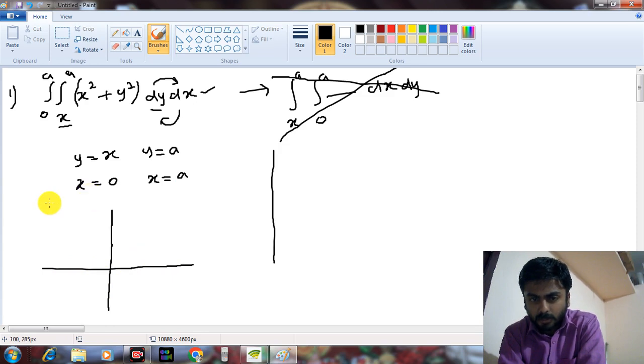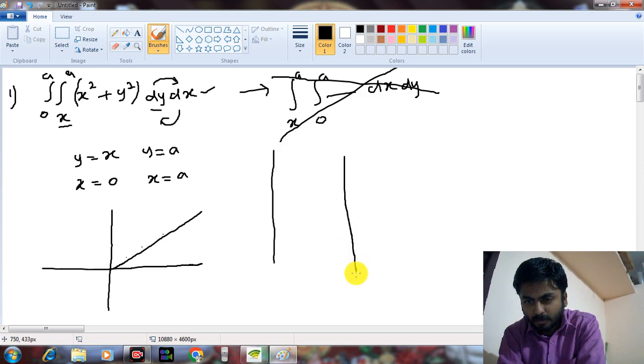So what is y equal to x? y equal to x means 0, 0, 1, 1, 2, 2, 3, 3. Both x and y take equal values, so it will be a straight line. I am making the sketch of the same diagram here also.